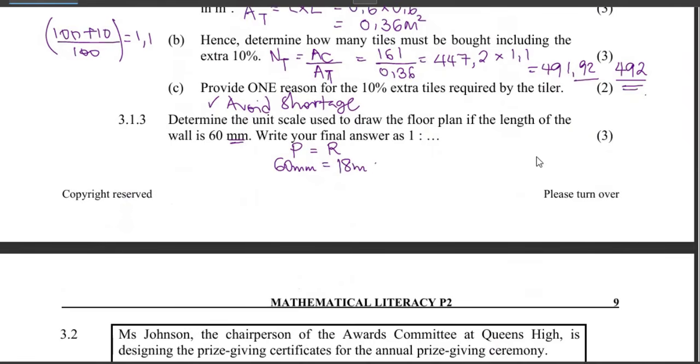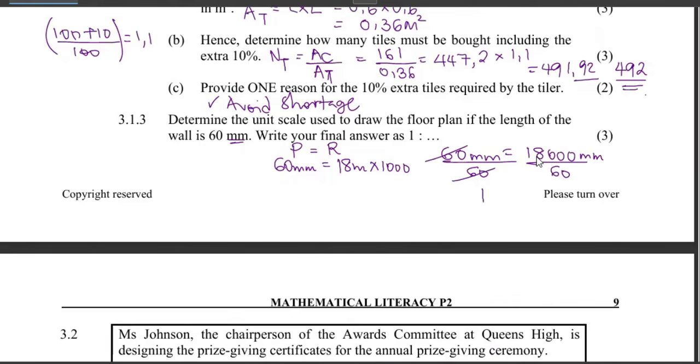So what do we do? We change the meters to millimeters so that they match, becoming 60 millimeters equivalent to 18,000 millimeters in real life. Now they are both millimeters. What do we do? We divide through by 60. Why am I dividing through by 60?